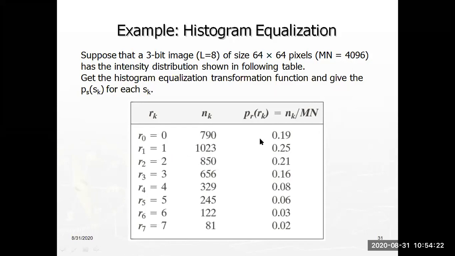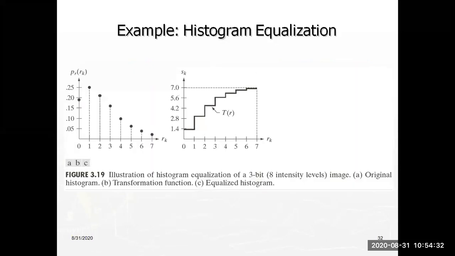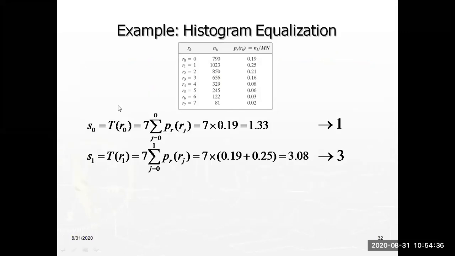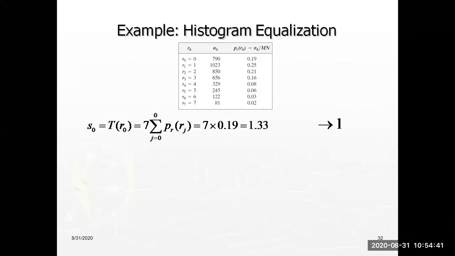The corresponding probabilities are like this, and using these probabilities we can draw the graph like this. By knowing these probability values, how do we calculate the first equalization value s_0? s_0 equals 7 times the sum from j equals 0 to 0 of p_r(r_j).